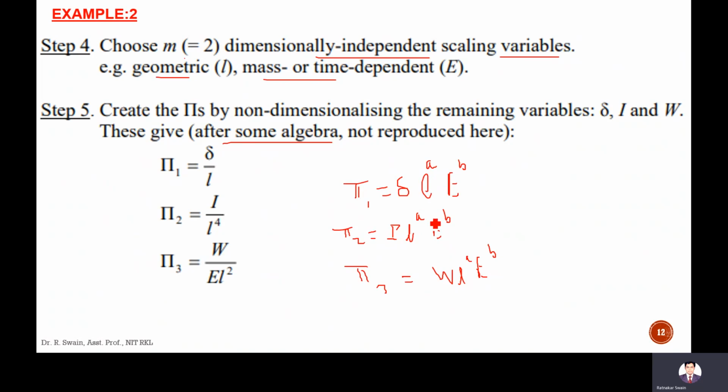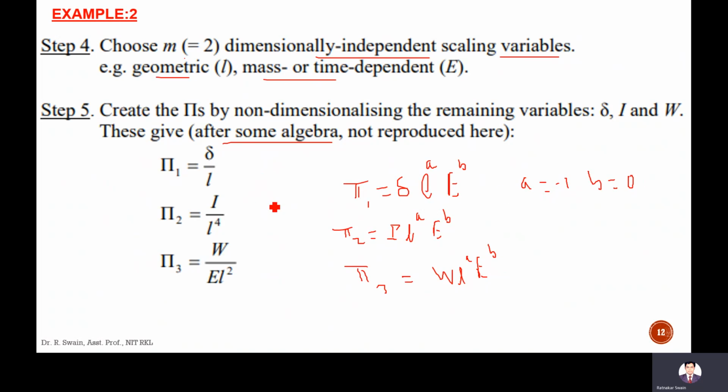After writing the dimensions of L, E, delta, we will get A as -1, B as 0.